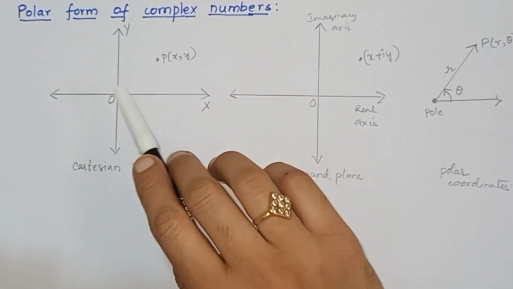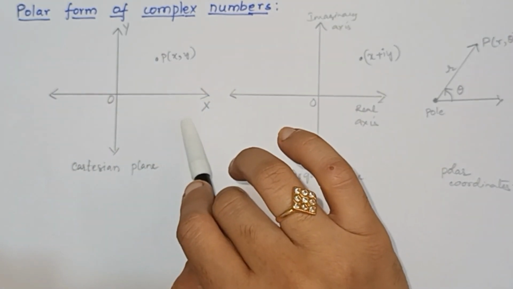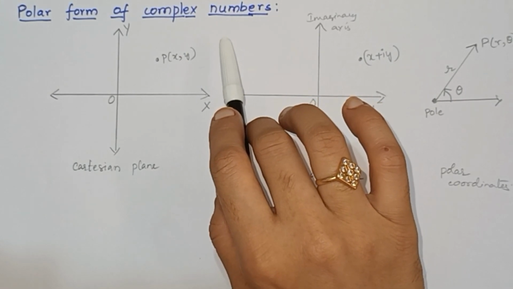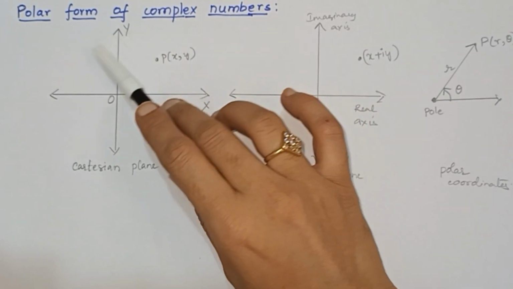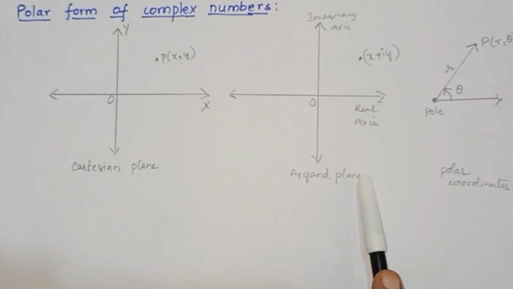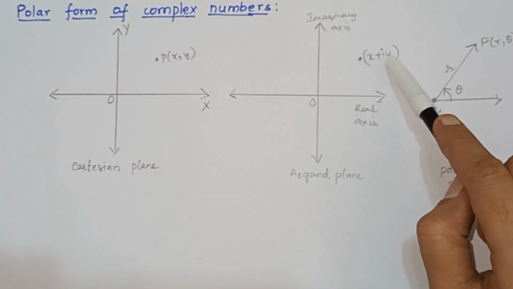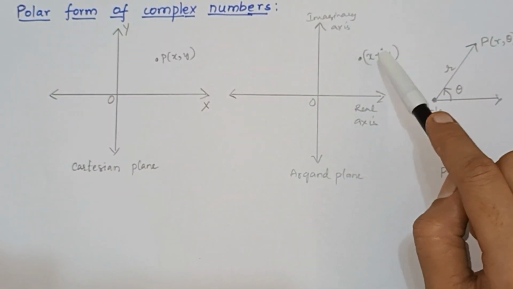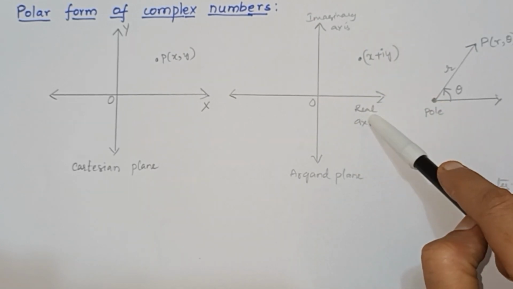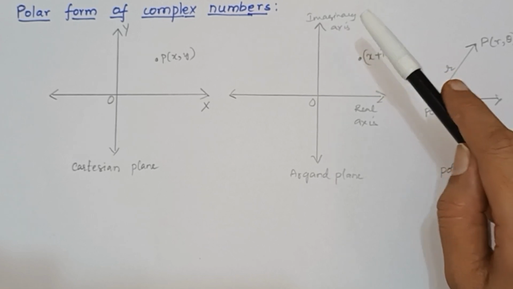That means there is a one-to-one correspondence between the points in a plane and the set of all complex numbers. Hence, when this plane becomes full of complex numbers, we call that plane the Argand plane or complex plane. So in the Argand plane, each point is represented as a complex number x plus iy, and the x-axis becomes the real axis and the y-axis is called the imaginary axis.